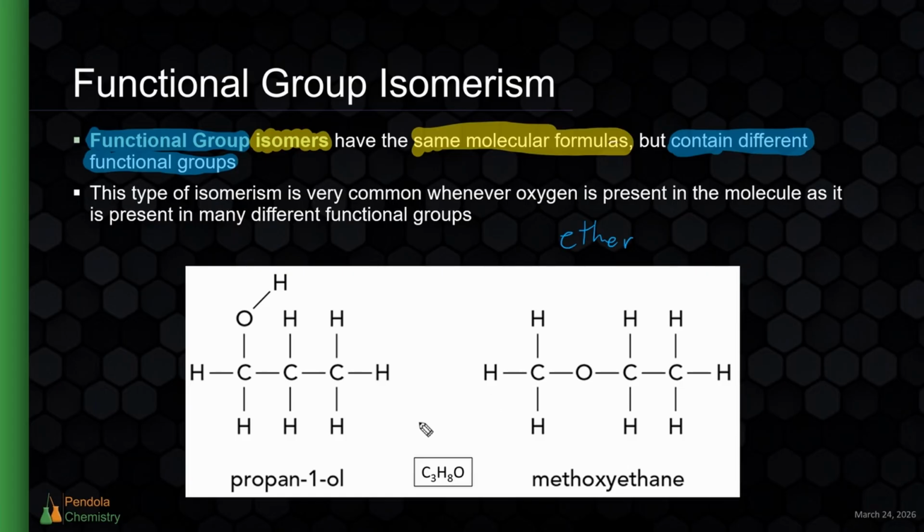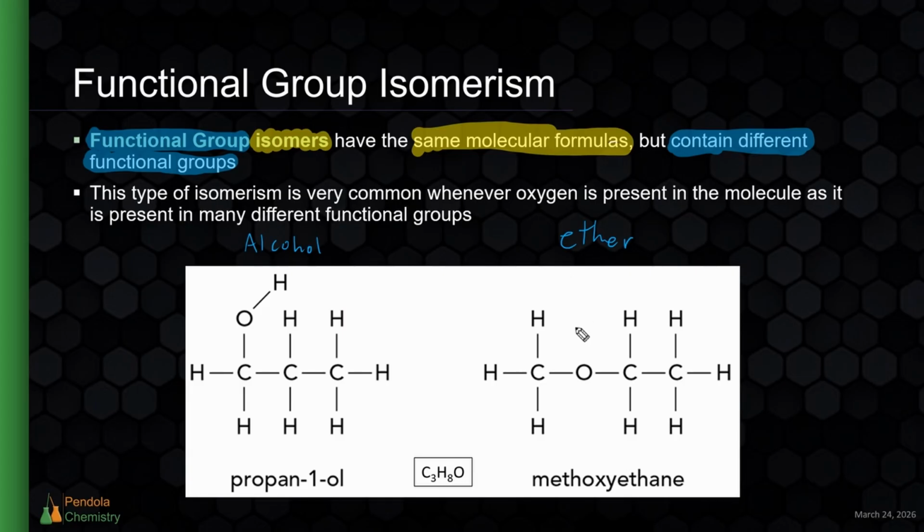So we could have something like C3H8O, which could be an alcohol, propan-1-ol, for example, 3 carbons, 8 hydrogens, and 1 oxygen. But we could rearrange that into an ether, where the oxygen serves as a bridge between carbon chains.